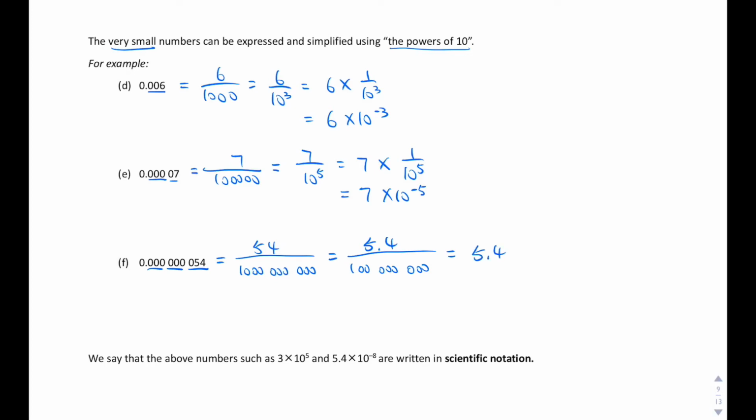And this is 5.4 times 1 over 10 to the power of 8. So you can rewrite this number as 5.4 times 10 to the power of negative 8. We say the above numbers, such as 3 times 10 to the power of 5 and 5.4 times 10 to the power of negative 8, are written in scientific notation.